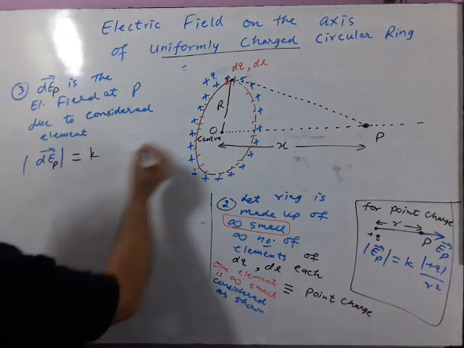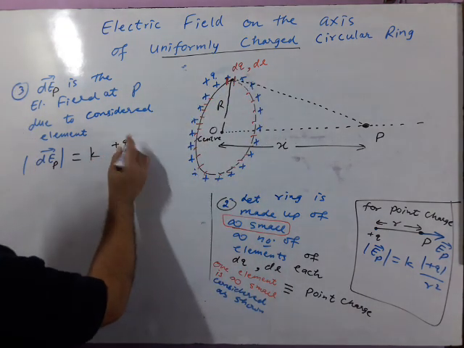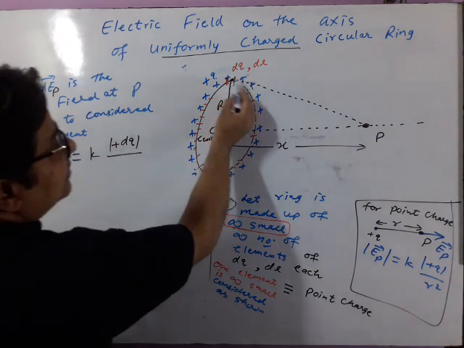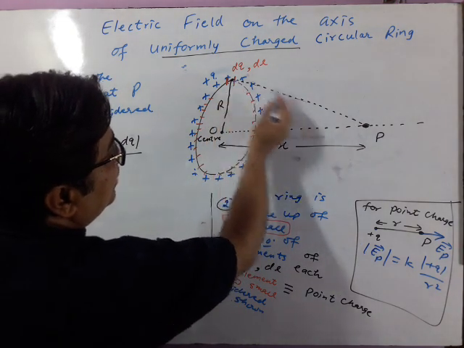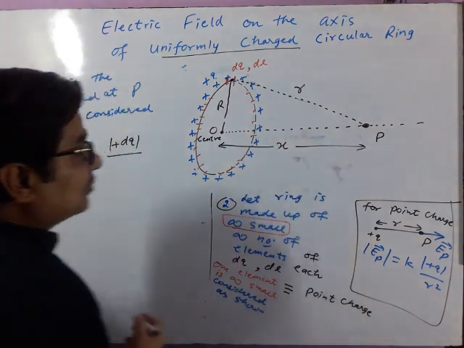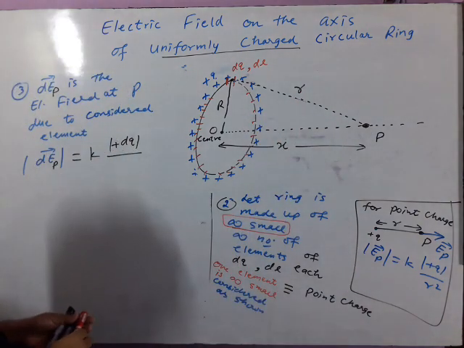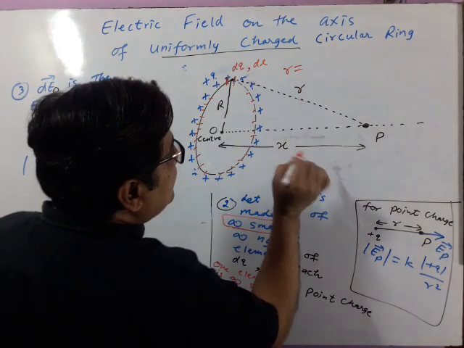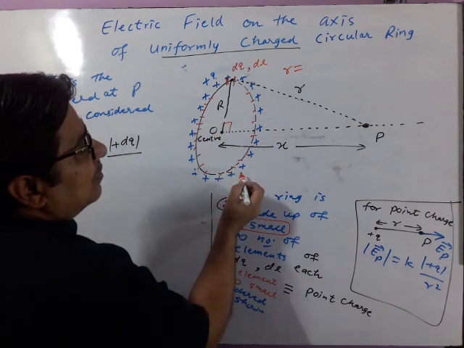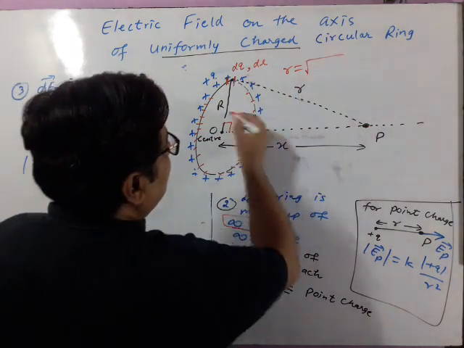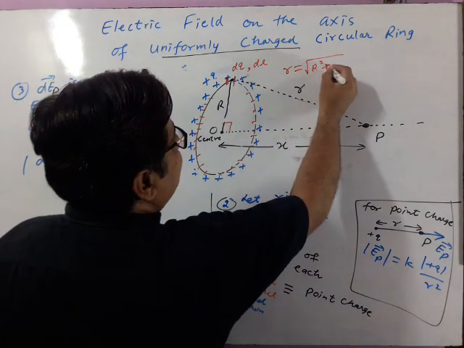K mod of charge divided by the distance between charge and the point, squared. Let us say it is small r. Focus on this small r. This small r is considered for easy calculations. Actually this distance from the element to the point is under the root r square plus x square.